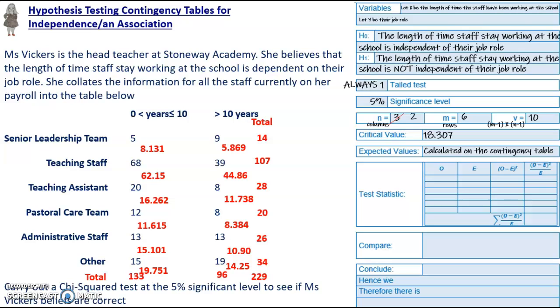We've reduced the number of columns down from 3 to 2, so that's going to affect my N value, which in turn is going to affect my degrees of freedom. I've now got 2 minus 1 times 6 minus 1, which is 1 times 5.